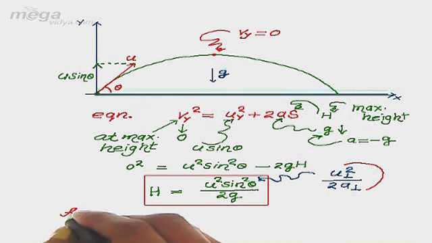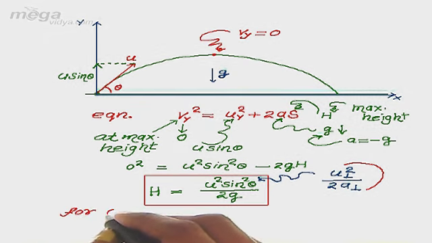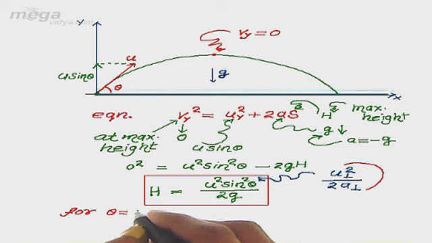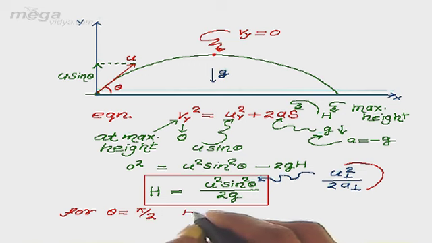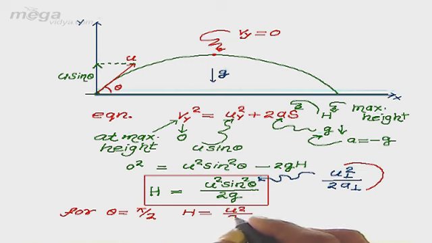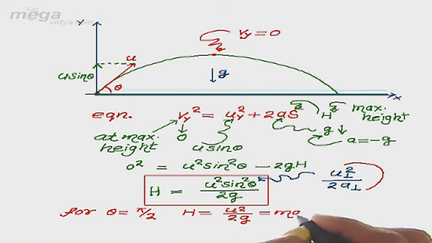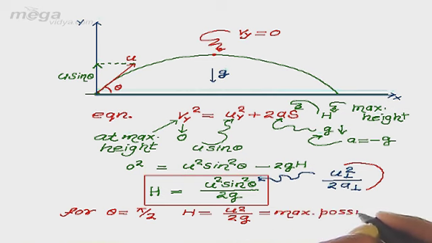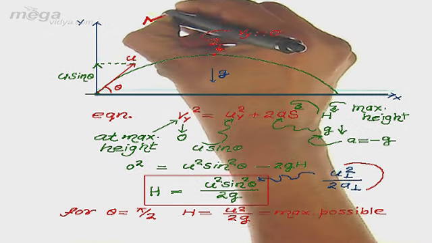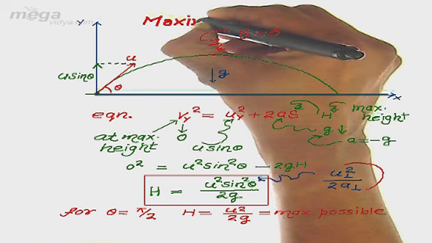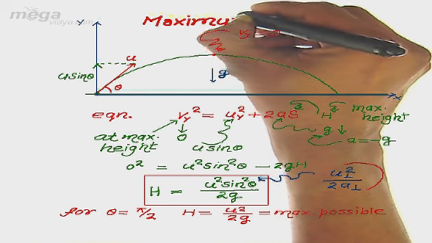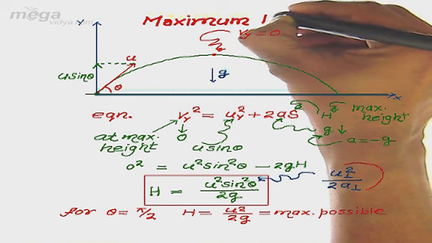So we can also write one conclusion that for theta equal to pi by 2, h becomes u square by 2g, which is the maximum possible height up to which a ball or a particle can be thrown with the same speed under gravity. So what we have done here, we have obtained the maximum height for the projectile thrown from the ground under gravity.